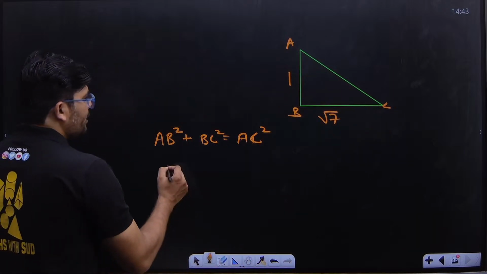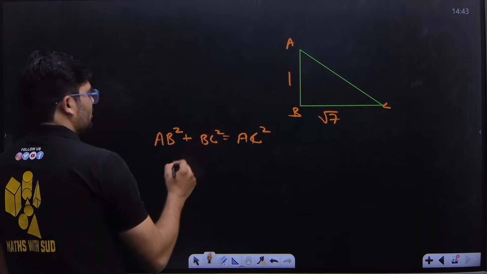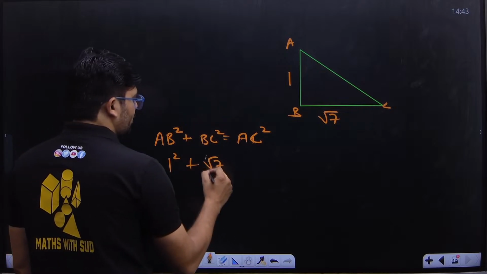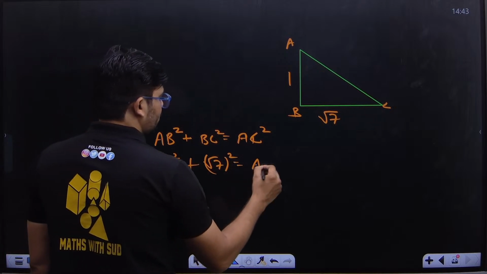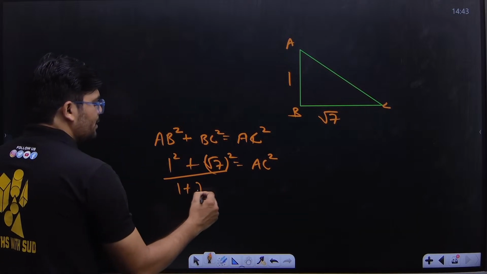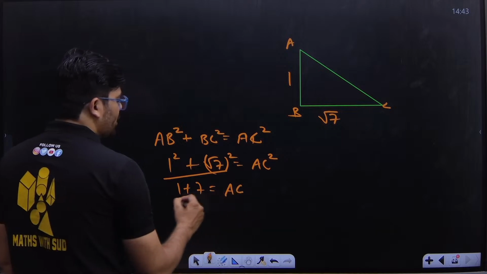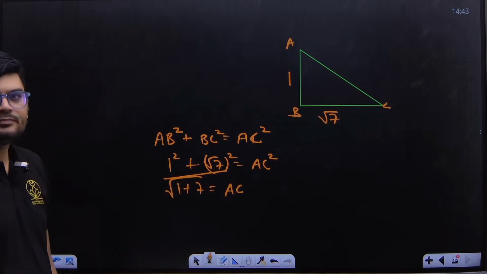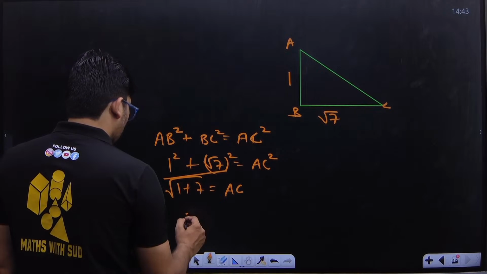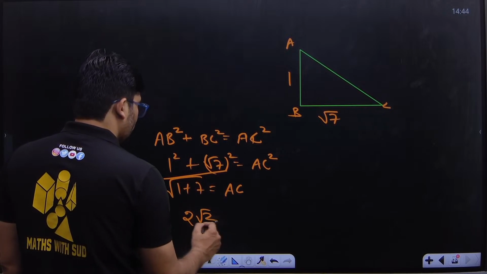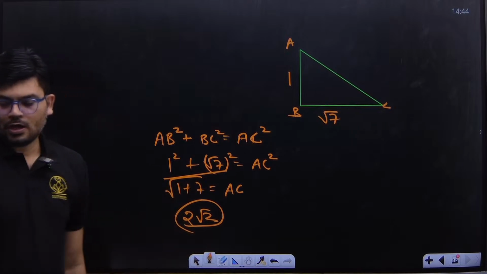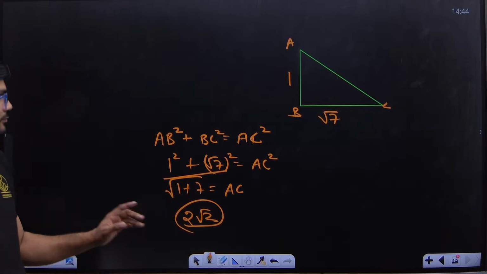So the perpendicular square is 1. Base square is under root 7 square. So this is going to be AC square. So 1 plus 7 is how much? So AC will be under root of 1 plus 7. So this is going to be under root 8. But the final answer you will write as 2 root 2. Are you getting it? Yes, sir.